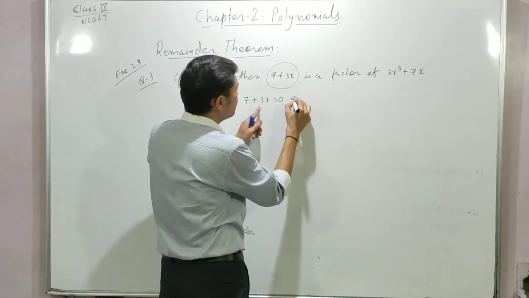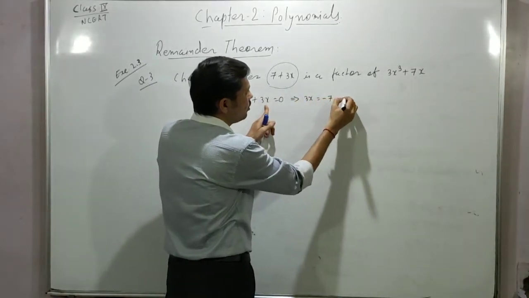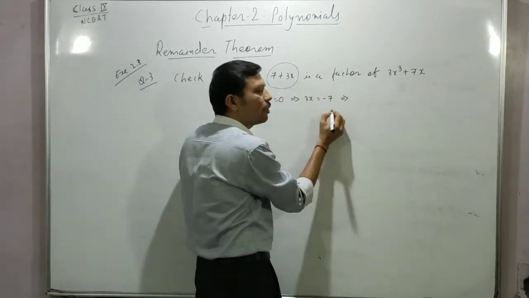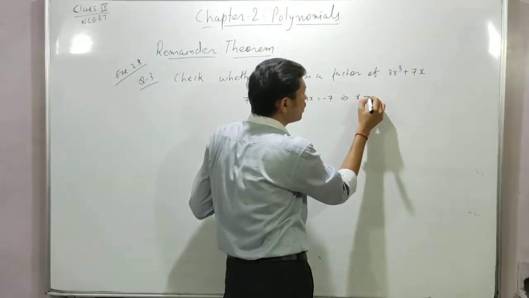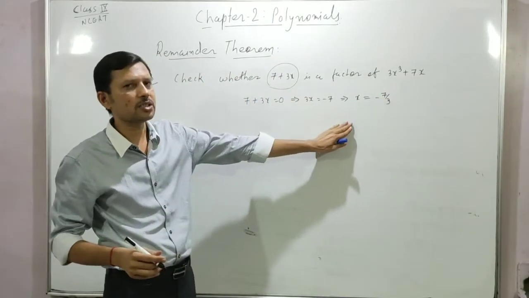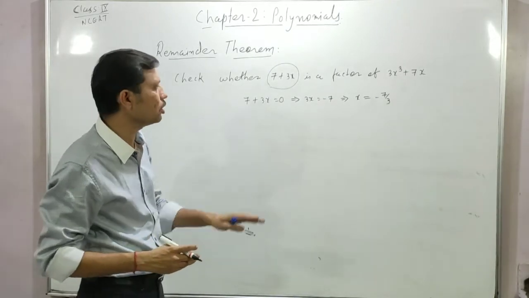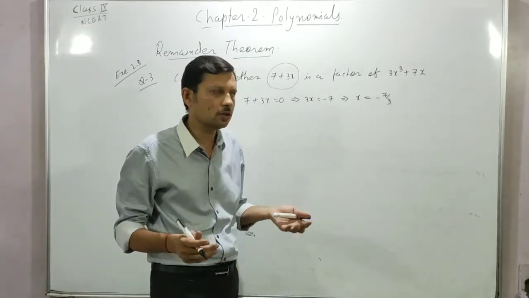So how can we get it? 7 we will shift to the right side. So 3x equal to what? Minus 7. Now 3 from multiplication to division. So this way we can get the value of x, that is minus 7 by 3. Now we will replace this value in our polynomial and check the remainder. If the remainder is 0, this one is a factor, otherwise not.